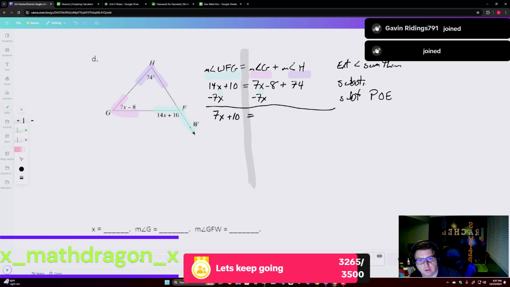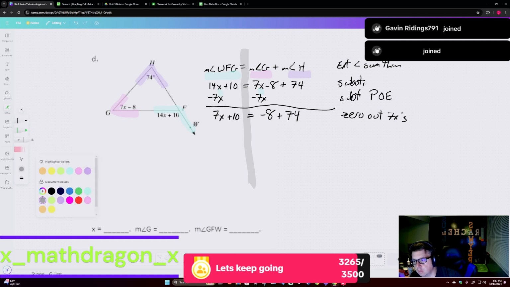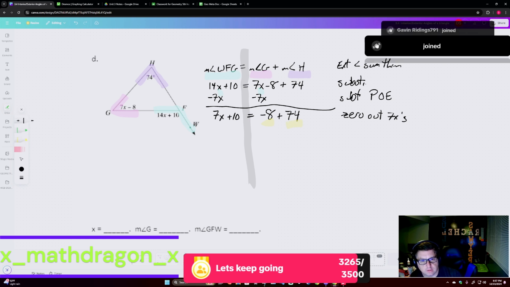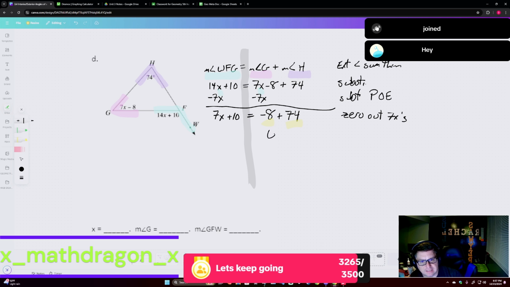If I had subtracted 14x from both sides, then I'd have to deal with the x's being negative. And then we zero out the 7x's. We can combine like terms, and that would give us down to 70, then 66.